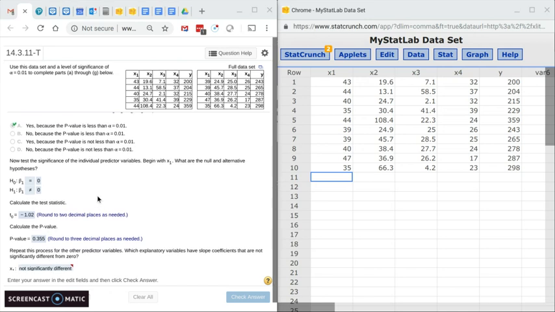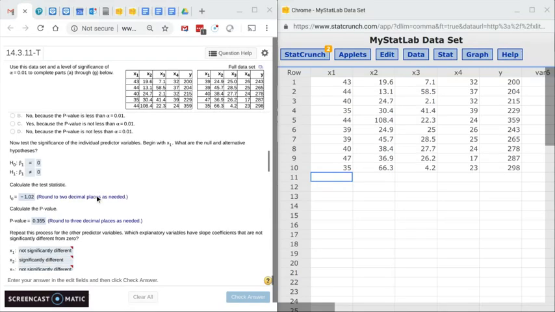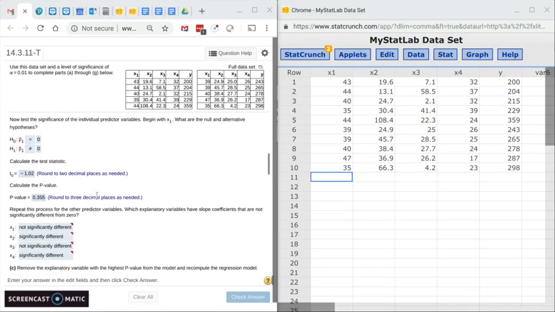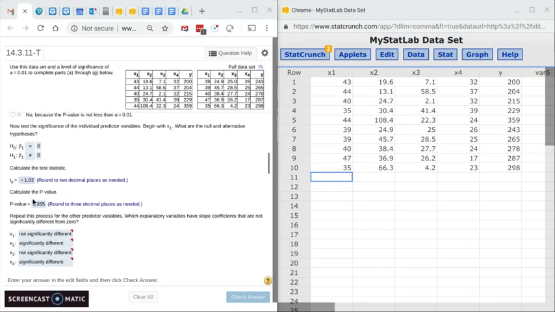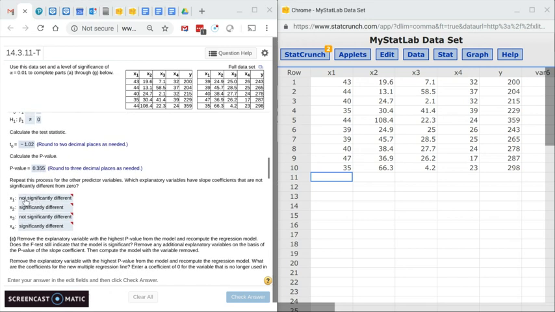At, I think, a 1% level of significance, we can't reject the null hypothesis that the slope for x1 is really zero. So we're going to end up throwing explanatory variable 1 out of our model because of this. And here we say not significantly different.